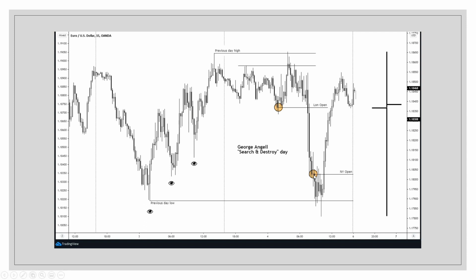Okay, and then for New York, price ran the previous day's low and then reversed and went back above the London open. So this is what that candle would look like from the perspective of London open, where we rallied, went all the way down here, and then came back up and then closed near where the London opening price was at.